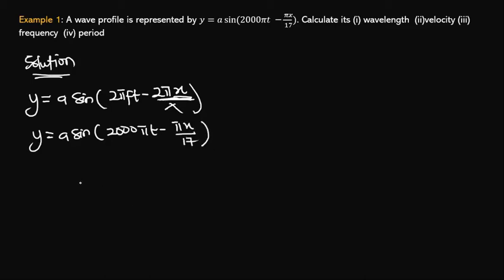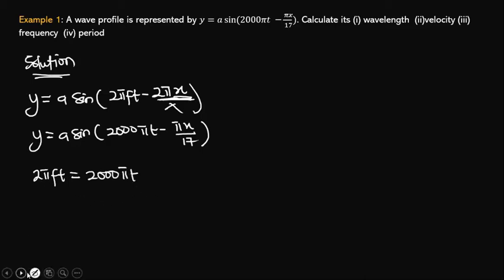All right, so if we compare these two equations, we can see that we have a sine here and a sine over here. Now if we look at this part and this part, we can see that there's a difference, so we can equate these two sides of the general wave equation. So 2 pi ft should be equal to 2000 pi t.